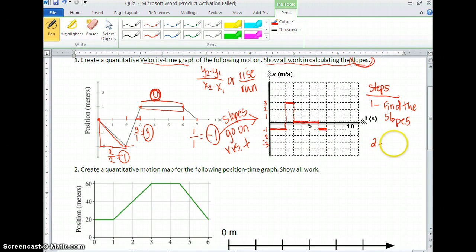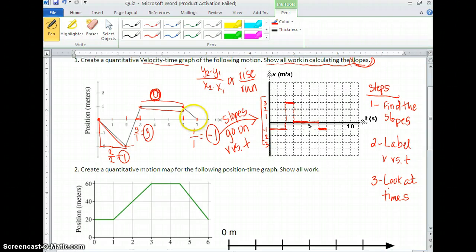Step number 2 is label your velocity versus time graph. Put the numbers on, that's what we did next. Step number 3 is look at the times. Look at how long it did each one of those slopes that you just calculated. Then we took those and put the numbers onto this graph.